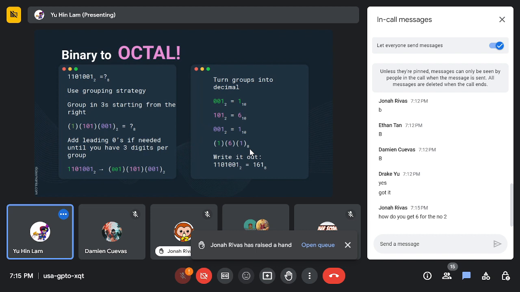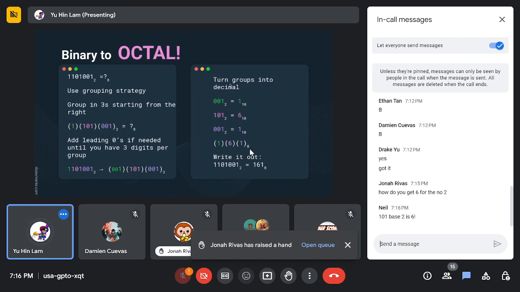Okay, let's see. We get 6 for number 2. For number 2, we would convert this. So let's see. This would be 2, 0, 1, 0. 2 to the power of 2 would be 4. I think this is actually 5.